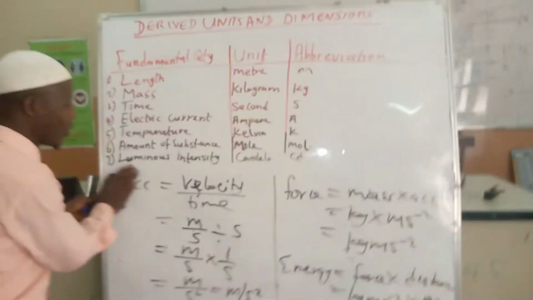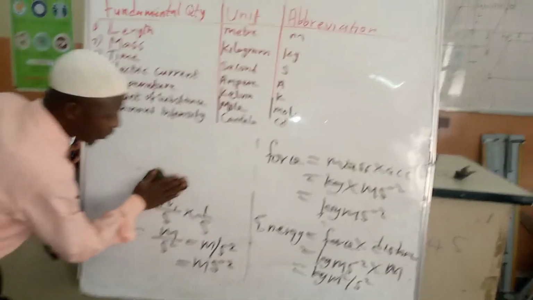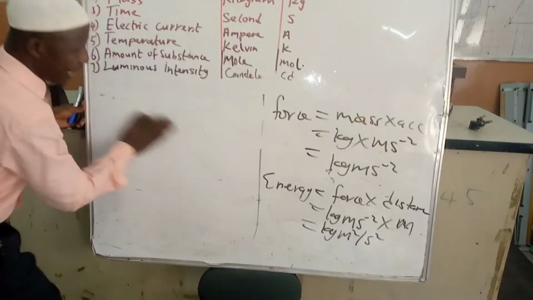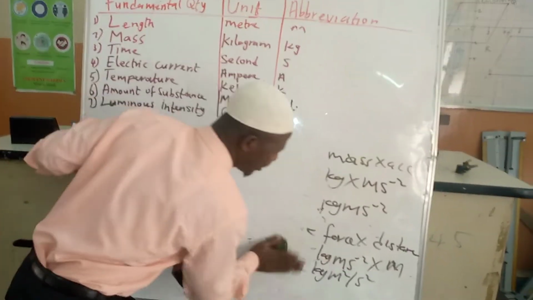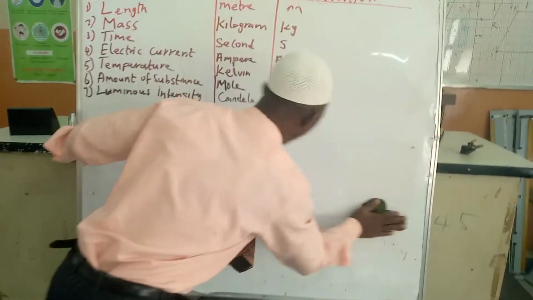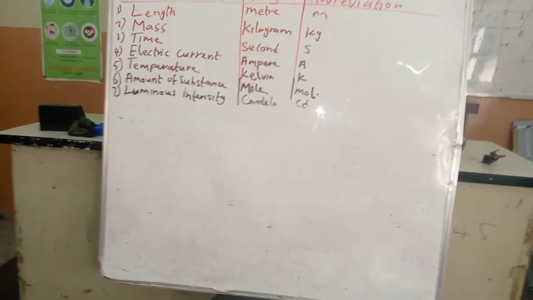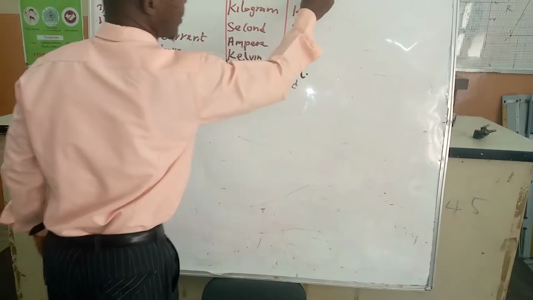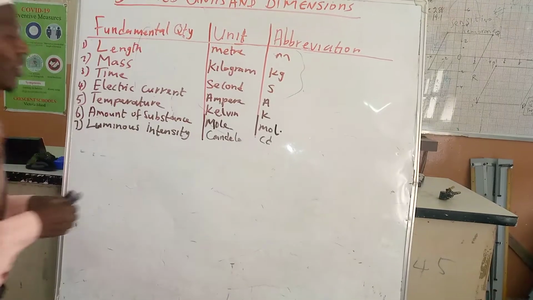What do we mean by dimension? We mean the unit in which a quantity is measured. In terms of dimension, you always deal with only three of them.